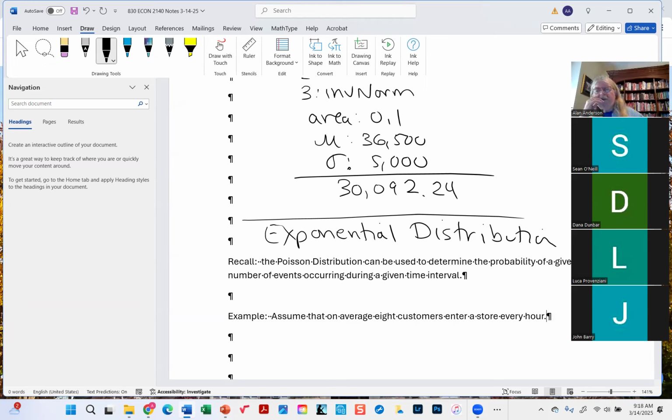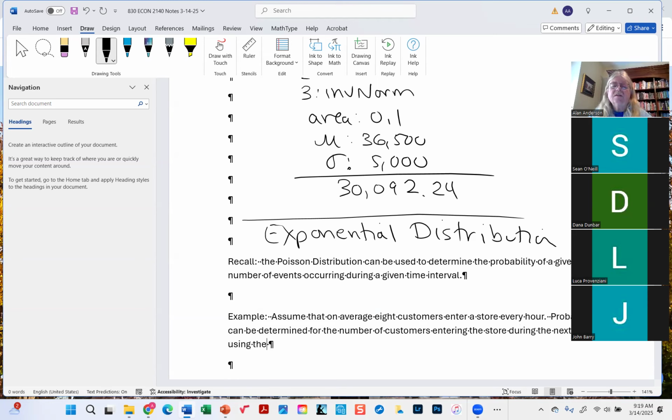If you've noticed that on average 8 customers come into your store every hour, you might ask the following question: what is the probability that over the next hour there'll be 10 customers, or 3, or 7? That's a job for the Poisson. These probabilities can be determined for the number of customers entering the store during the next hour using the Poisson distribution.